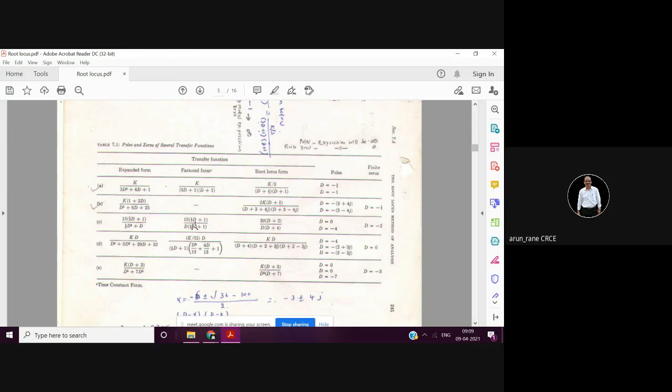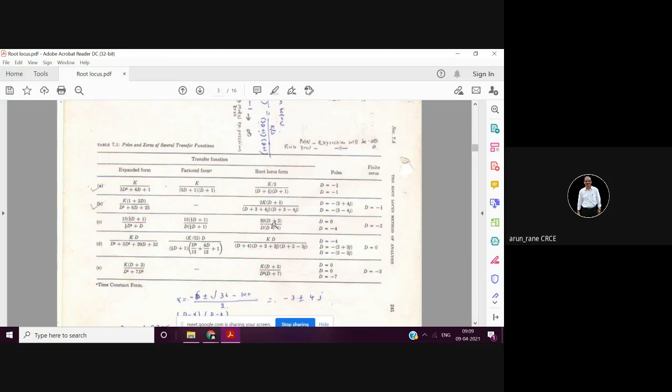If you convert this into root locus form, what will it be? Here you are taking half common, so common means we are dividing. So 50 divided by half, this will become 30 and d plus 2, correct?